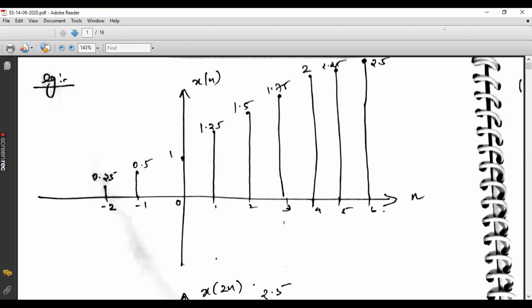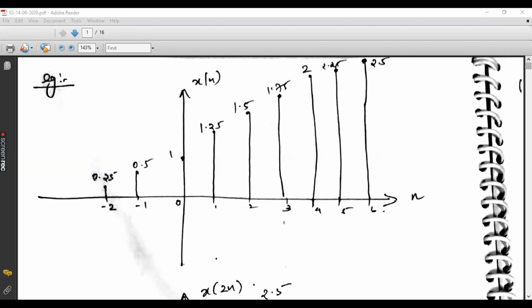Oh, so sir, if we like to draw the graph of this discrete signal, then should it be drawn uniformly, or will it not have a graph? No, it is not necessary that we always include the uniformity. Whatever signal you have in the question, the same signal only we are plotting in x of 2n.